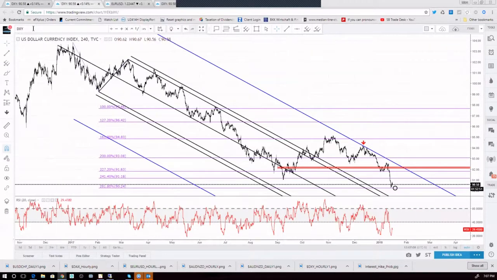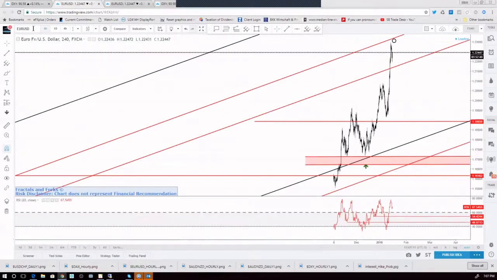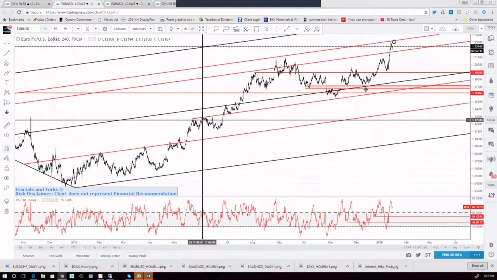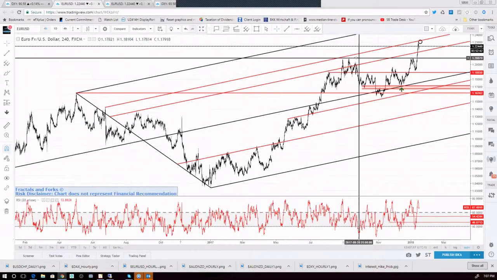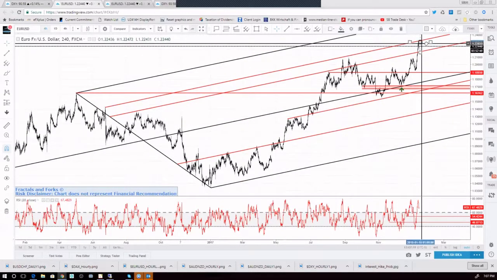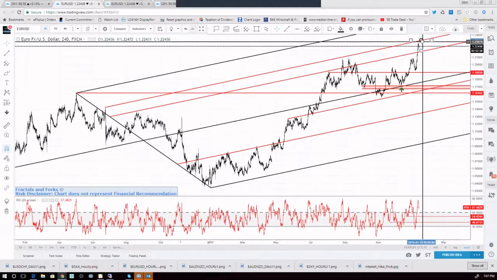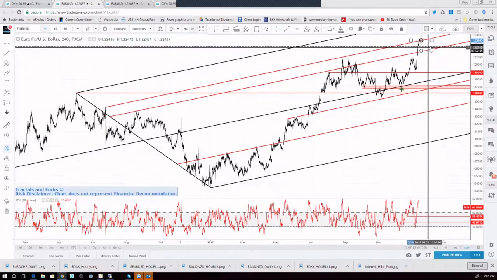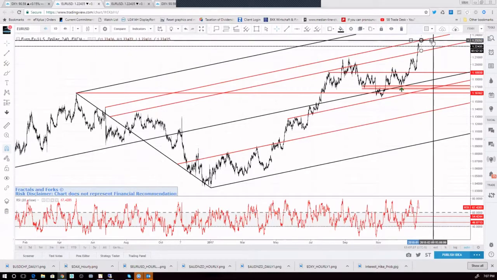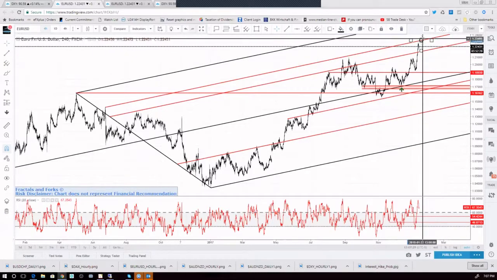On a 4 hour, same thing. We haven't really touched the target yet, so I'm still looking up. And like I said, above 1.23, 1.2325, or even a bit higher.